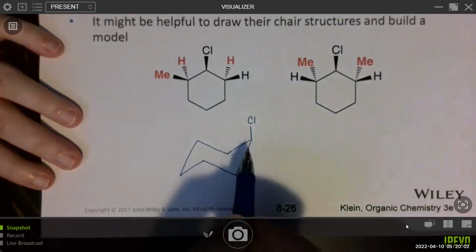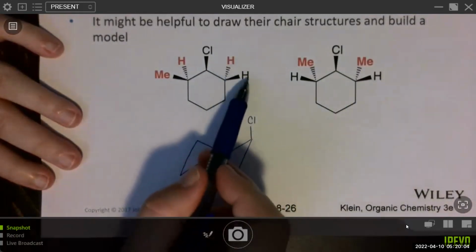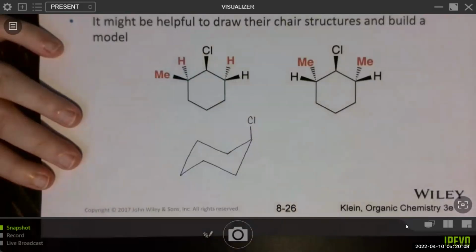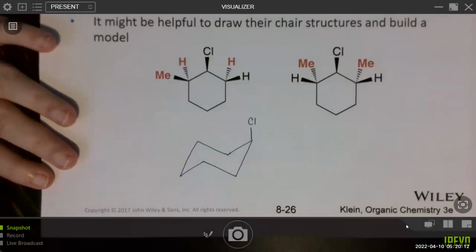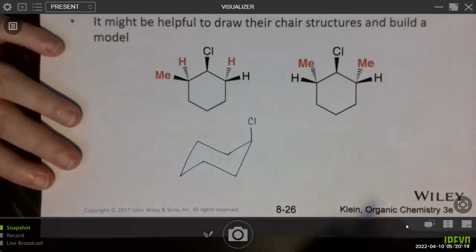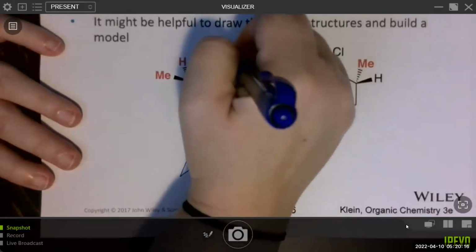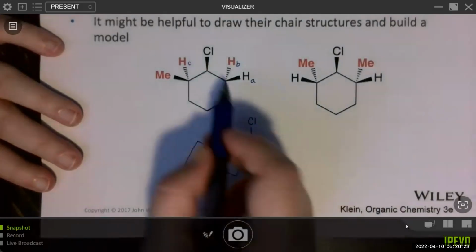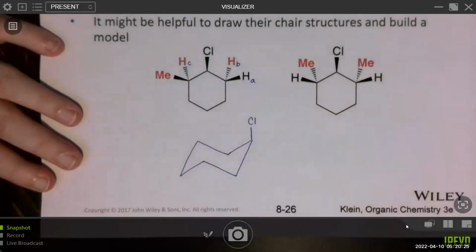So in one case, we're going to have two hydrogens on one side and then a methyl on one side and a hydrogen on the other. So let's go ahead and put in those groups. And I might even label these just so we can clearly see the difference between the three of these. So going clockwise, we're at this carbon.